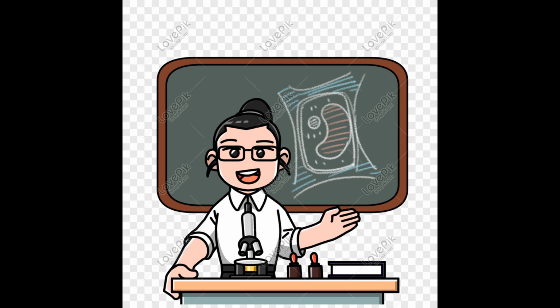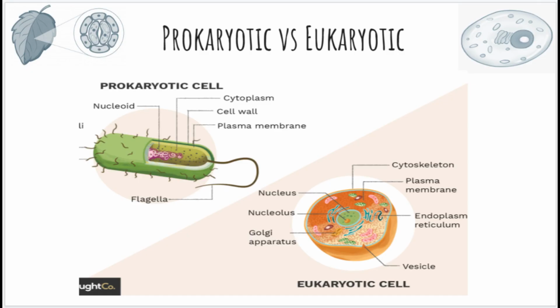Let me remind you one thing. Prokaryotic means very primitive. So students, when the evolution of life took place on our earth, the prokaryotic cells came first or evolved first from different chemical substances, and thus the formation of these cells was incomplete.